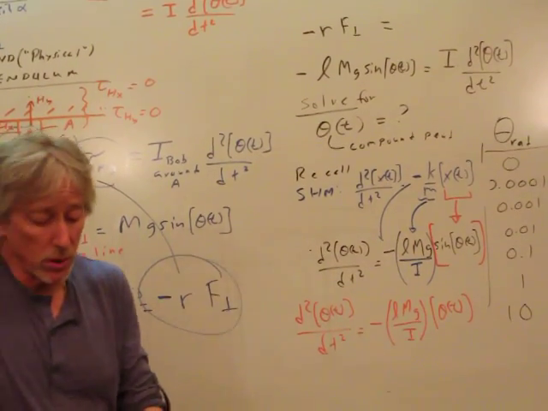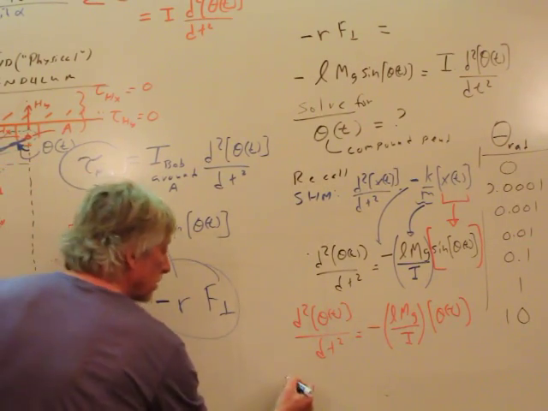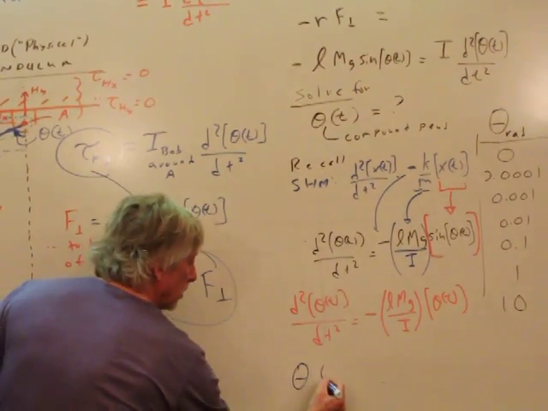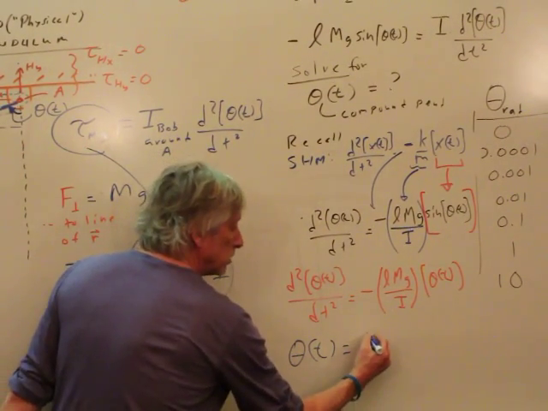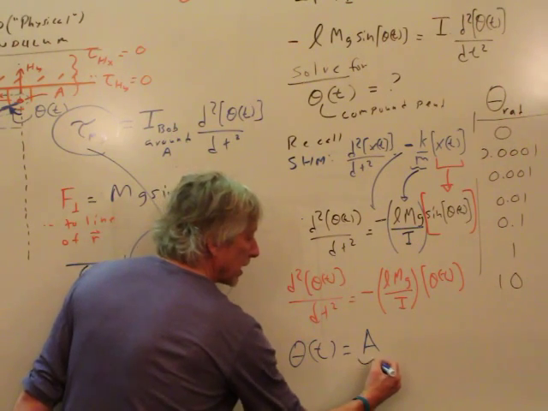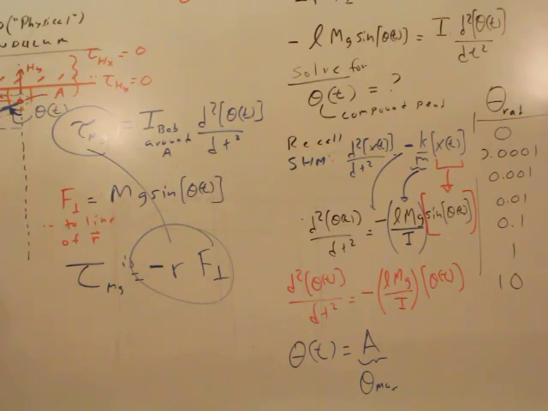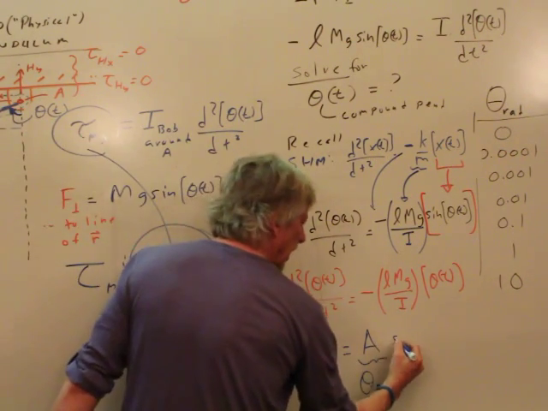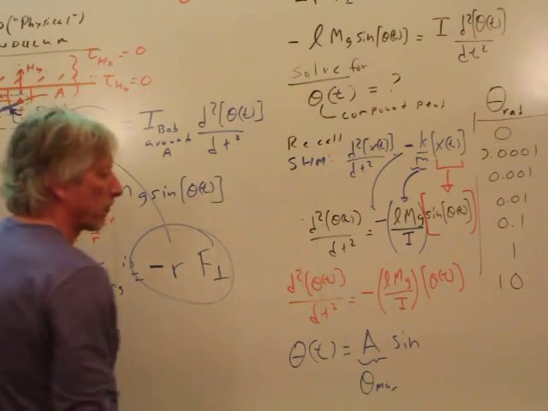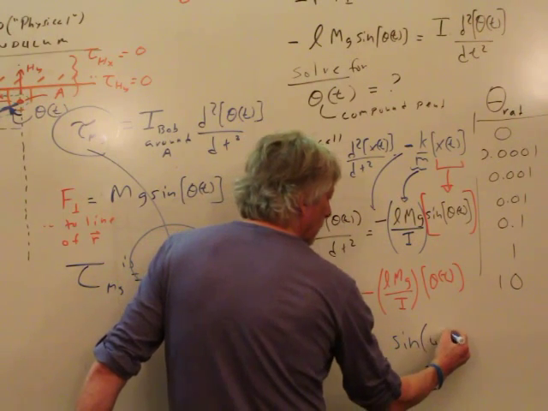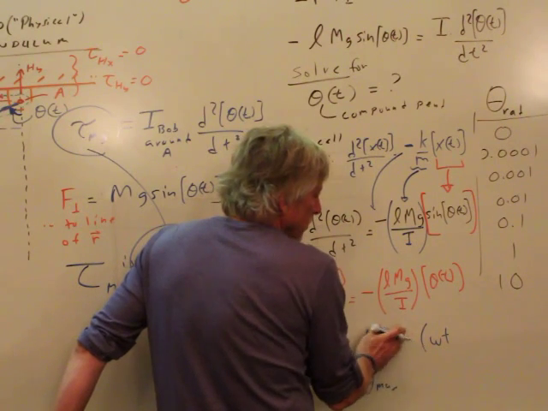If that's true, then I could say, hey, I know the answer to that, because if theta of t were equal to some amplitude, but in this case, that's theta max, the maximum angle that I pull it back, times the sine of omega t, or the cosine.